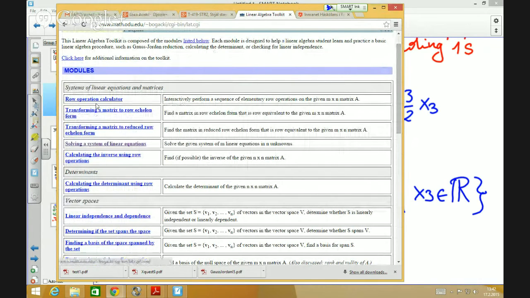And you can also practice. You see there is a row operation calculator, transforming a matrix to row echelon form, transforming a matrix to reduced row echelon form, and solving systems of linear equations, which is something that you will be bored with within a few minutes, and calculating the inverse of a matrix using the row operations. As you can see, if you understand the row operations, you can do nearly everything, apart from some of the things that we'll be doing later on.